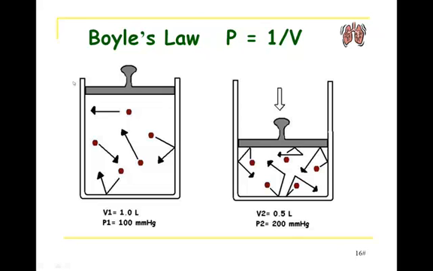The greater the number of collisions, the higher the pressure. If I decrease the volume of the container, I have not changed the number of gas molecules, but I'm going to have more collisions against the sides of the container. So as the volume decreased, you see I've halved the volume, and pressure has increased.